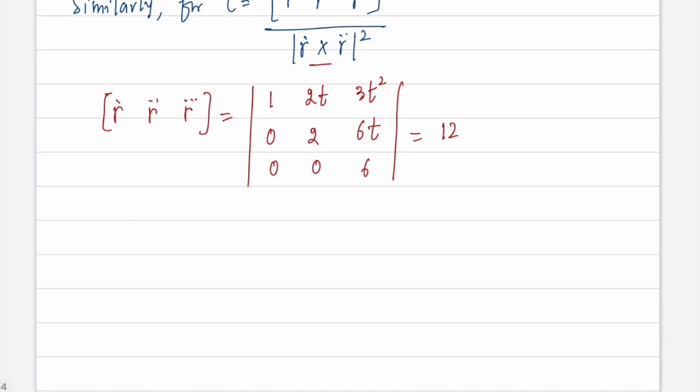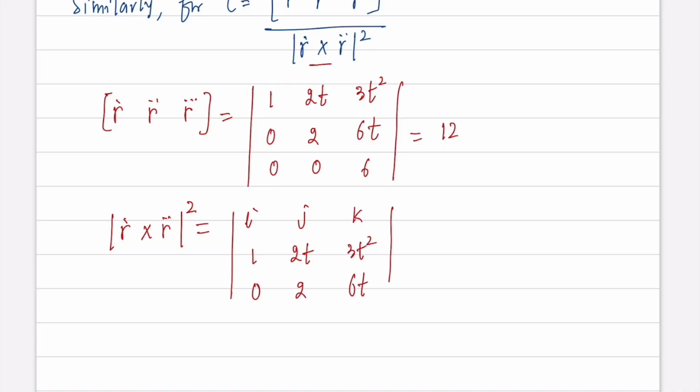And similarly, for r dot cross r double dot, we take the whole square, which is the determinant of i, j, k, then r dot, which is 1, 2t, 3t², and the second, 0, 2, 6t.